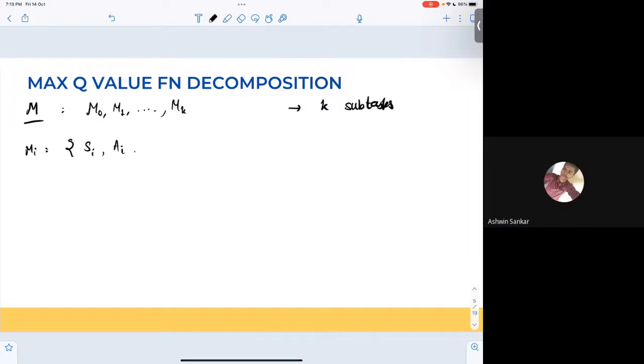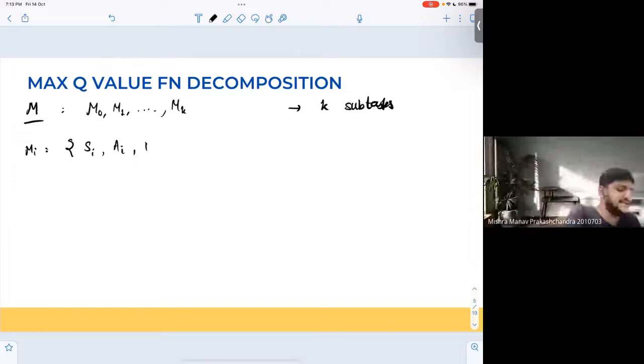Okay. And then in addition, you have this R_i bar, which refers to the pseudo reward.